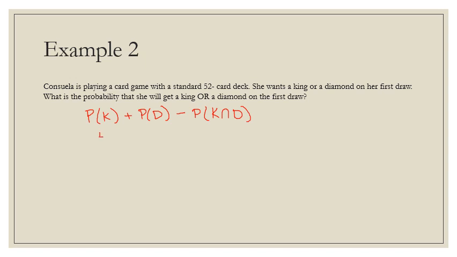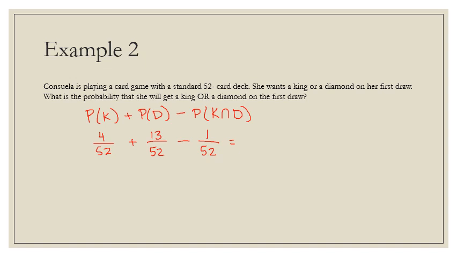So probability of a king. There are 4 kings in the deck, okay? Probability of diamond. There are 13 diamonds in the deck. Remember, a quarter of the deck is diamonds, okay? Now, probability of a king and diamond. There's only 1 king of diamonds in the whole entire deck, okay? So that's what we have to do.